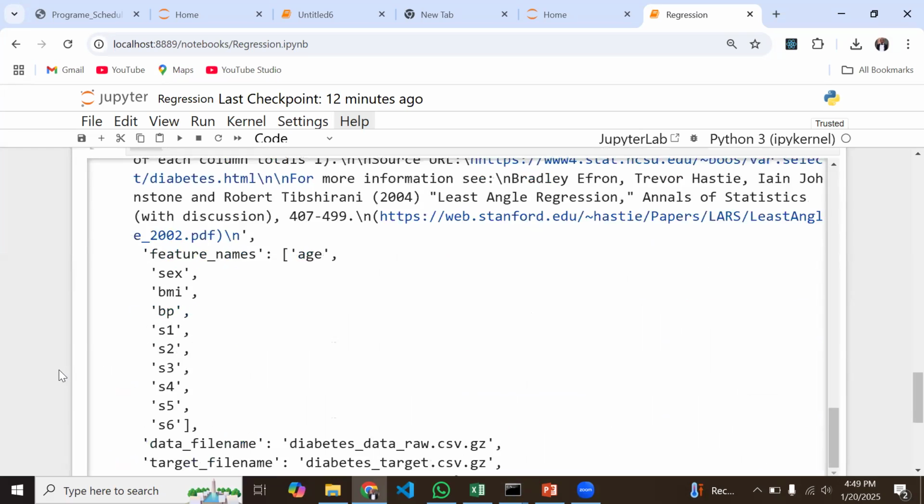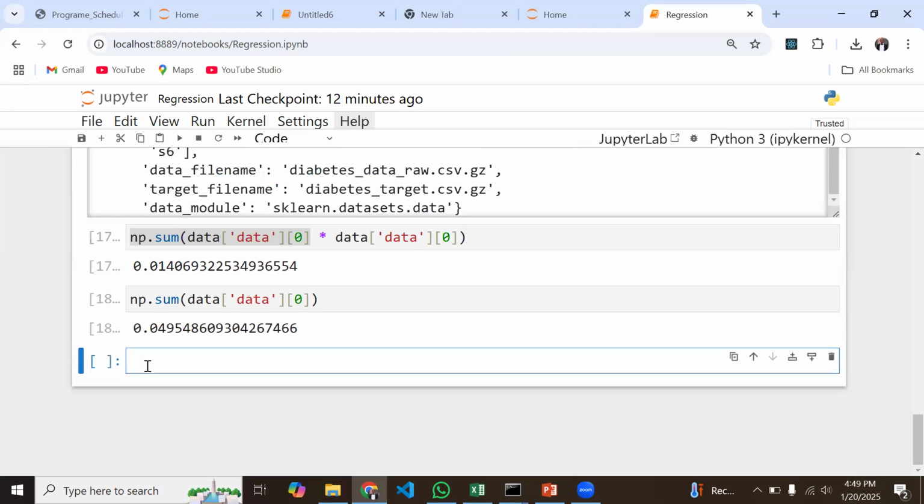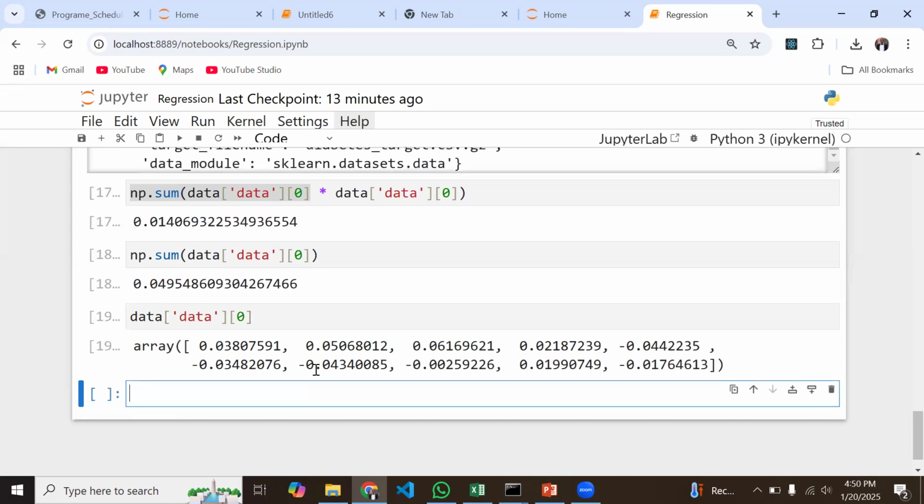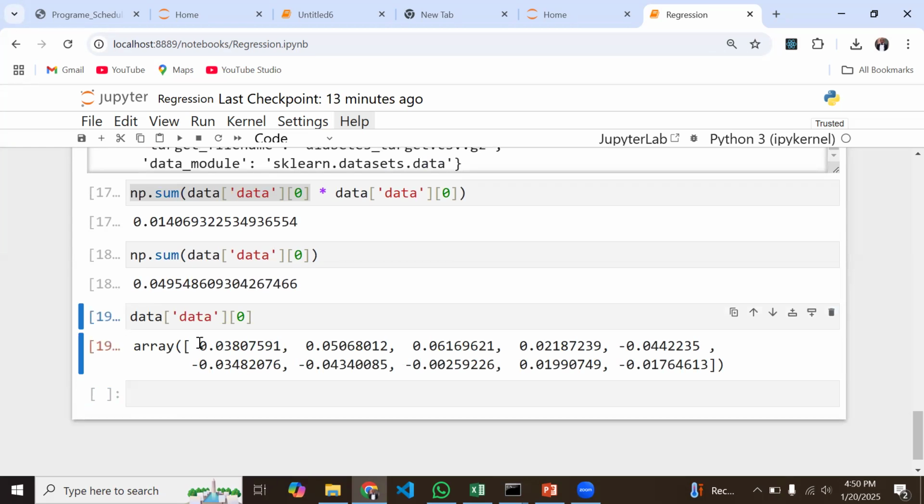All right, so the formula says the sum of squares of each column equals 1. So let's see the data itself. This is one column, this is another column.